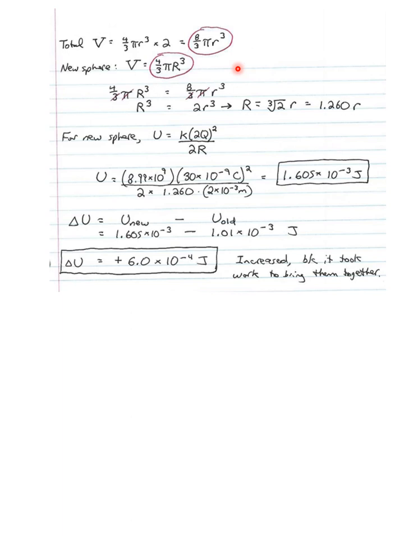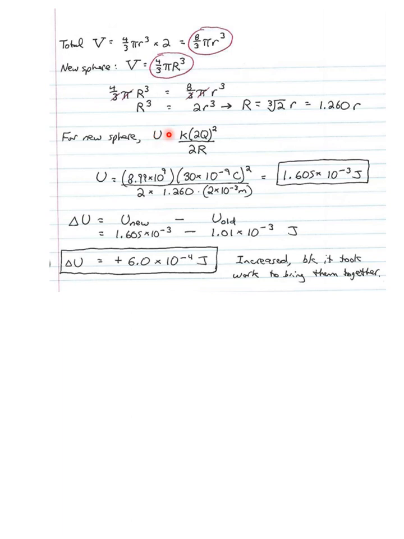So now let's imagine we're bringing them together, and let's find the radius of the new sphere. Volume of any sphere is 4/3 pi r cubed. And so we can say 4/3 pi big R cubed, the new volume of the bigger sphere with the capital R, is 8/3 pi times the little radius cubed. We're just going to figure out how big the new radius is.